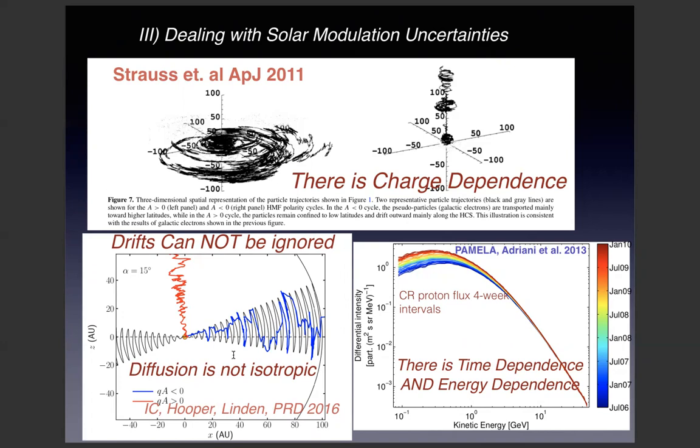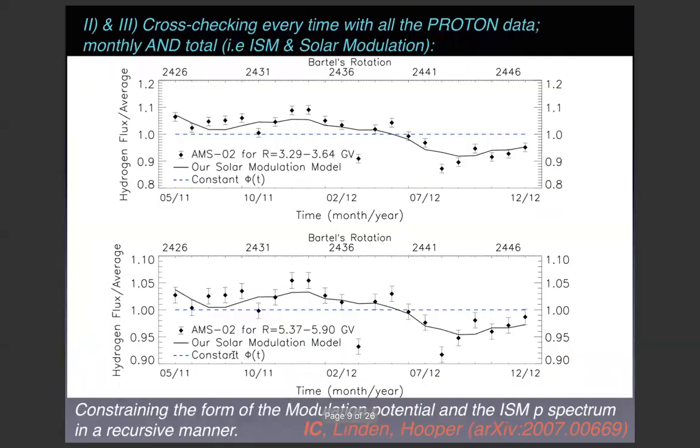To handle all those uncertainties, we rely on the fact that since AMS is a very sensitive experiment, it has provided us with proton measurements, and other cosmic rays, performed at monthly intervals.